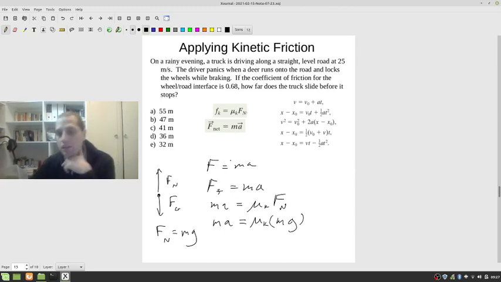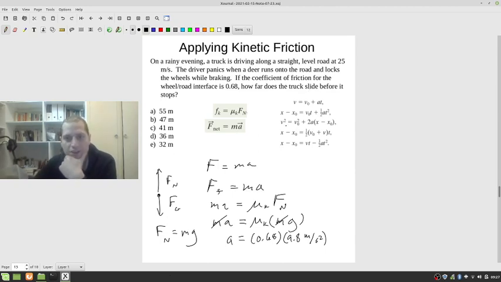Notice that the mass of the truck here doesn't come into play. And you can find out what the acceleration is going to be. So the acceleration is going to be 0.68 times 9.8 meters per second squared. From that point on, it asks, how far does the truck slide before it stops?